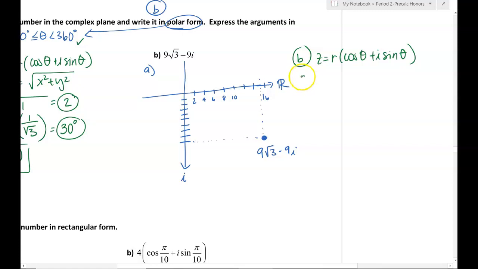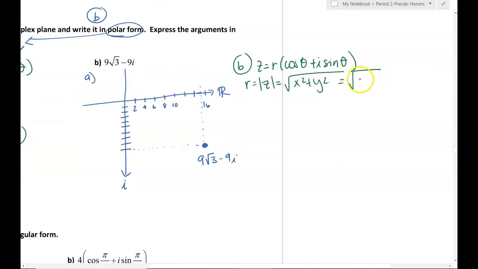So radius is the magnitude of z, which is going to be the square root of x squared plus y squared, where x happened to be 9 radical 3, and I square that, so that's going to be 81 times 3. Then plus, okay, y is negative 9, and I want to square that, so that's going to be 81.